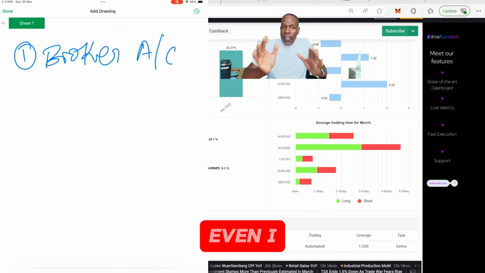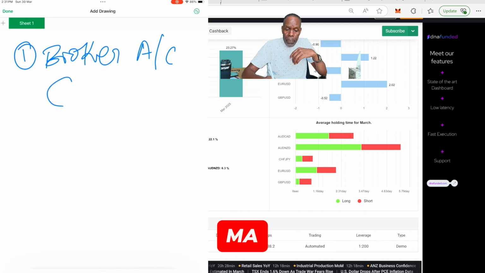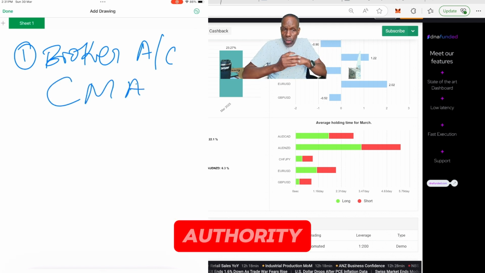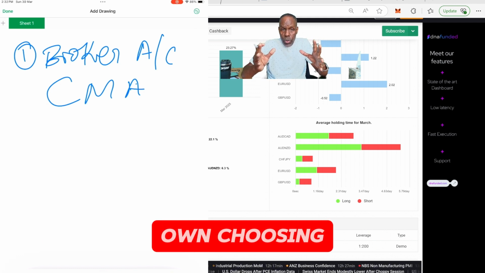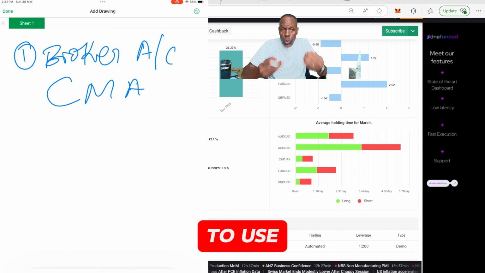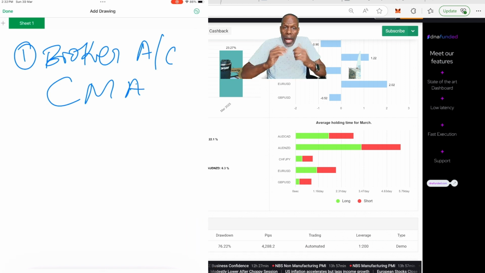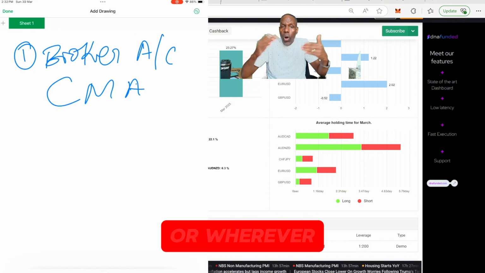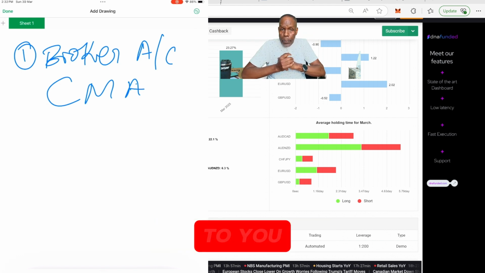By the way, even IC Markets is fully licensed by CMA, Capital Markets Authority. So you can choose any broker of your own choosing. Of course, it's advisable to use a broker that is regulated by a reputable body. It doesn't matter whether it's Kenyan or wherever it is in the world. That is completely up to you.